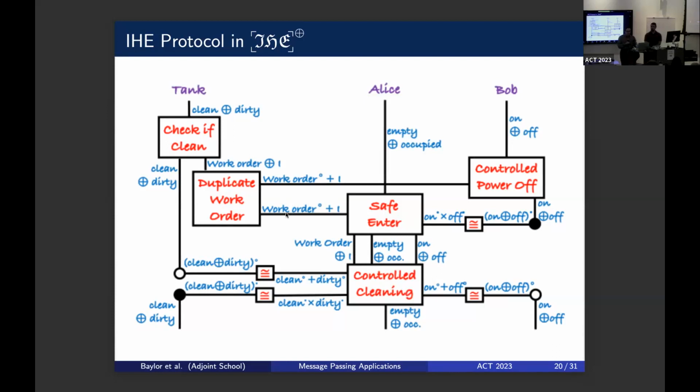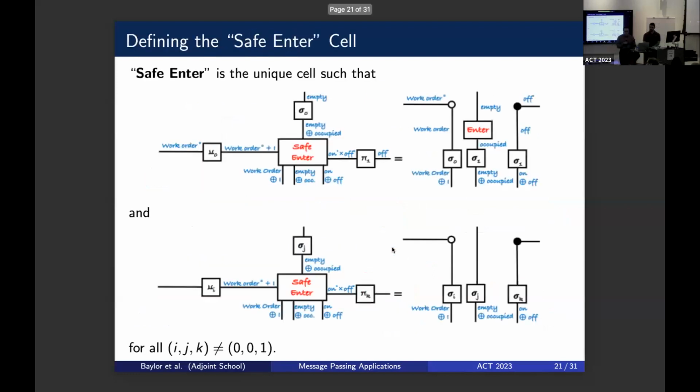So here, around safe enter, we have a choice between having a work order, using the monoidal unit for not having a work order, and on the right, the choice of the system being on or off. And then we propagate those choices down. In the next slide, I'm going to show exactly how we guarantee that we enter safely.